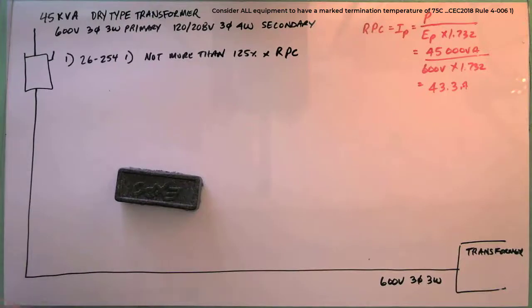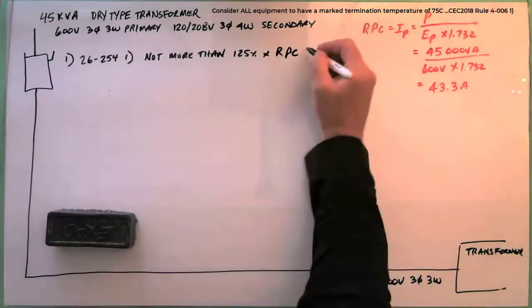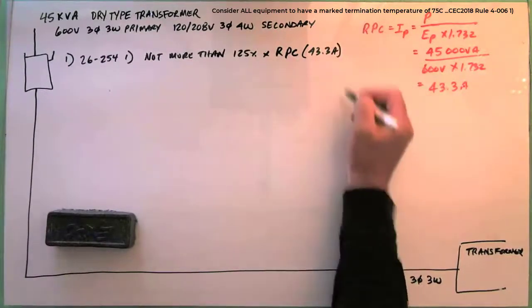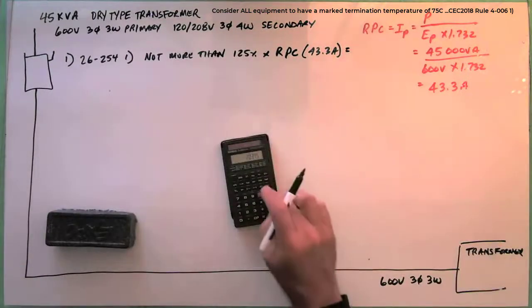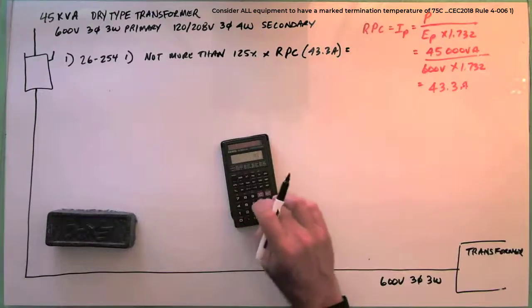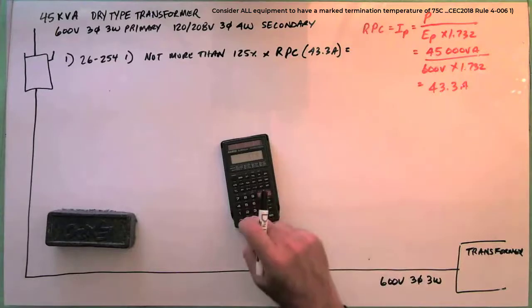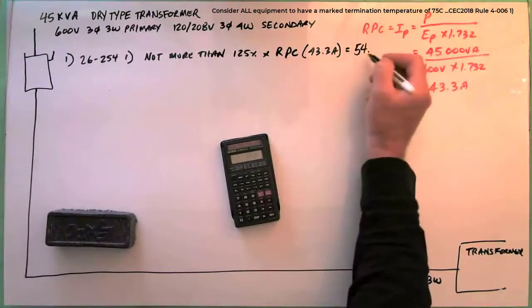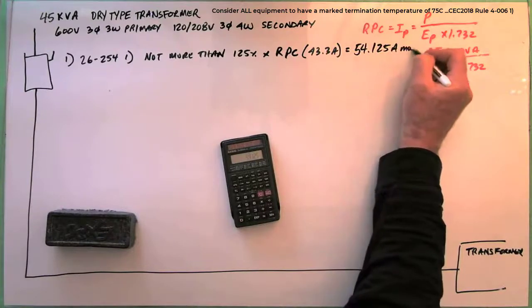So now that I have that, I can put it into my rated primary current, 43.3 amps. 43.3 times 1.25 is 54.125 amps maximum.